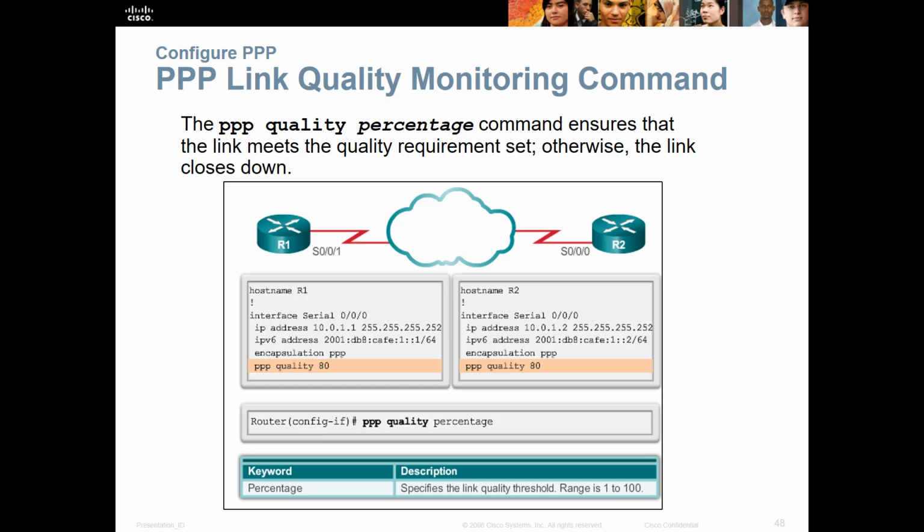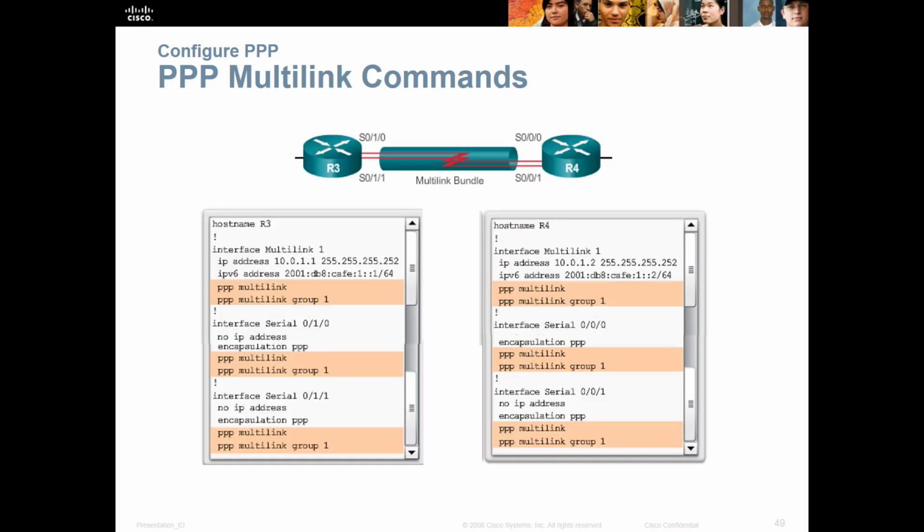After that, the PPP quality command, followed by a percentage number. The PPP quality percentage command ensures that the link meets the quality requirements. If the quality is not meeting that requirement, the link is closed. So you can provide some type of quality assurance.